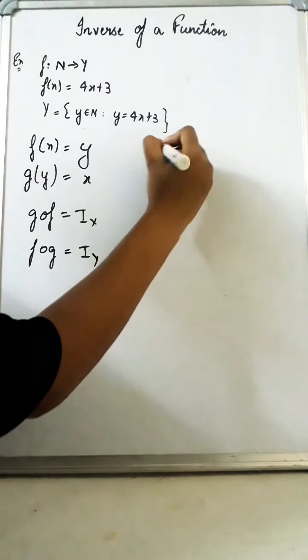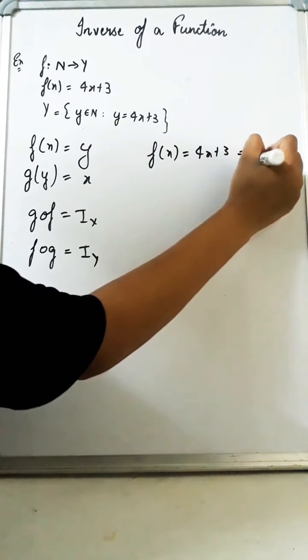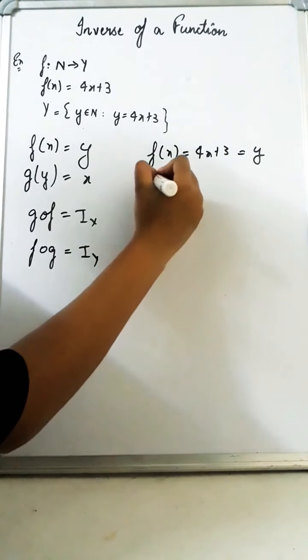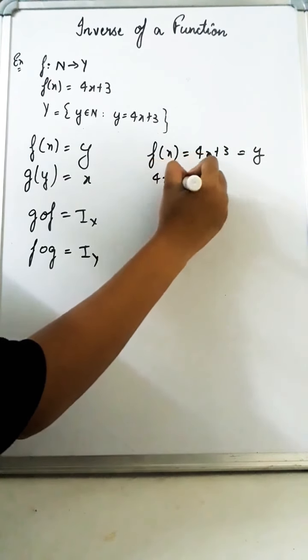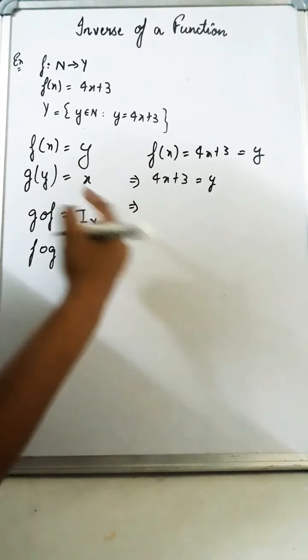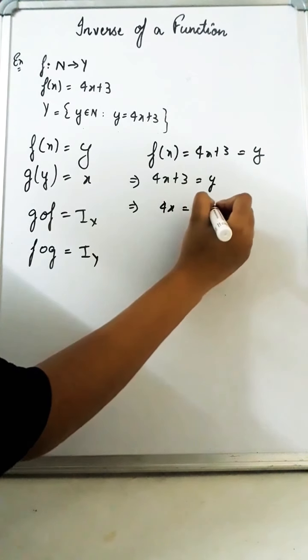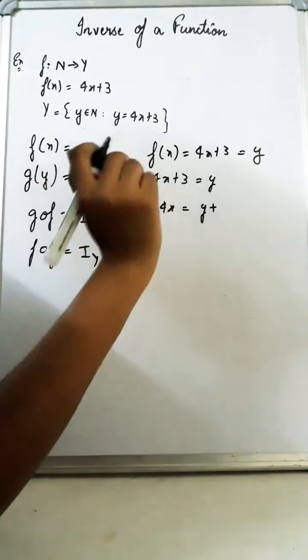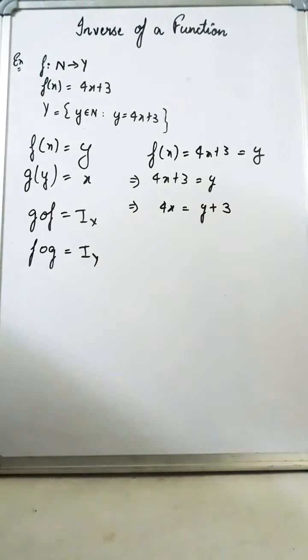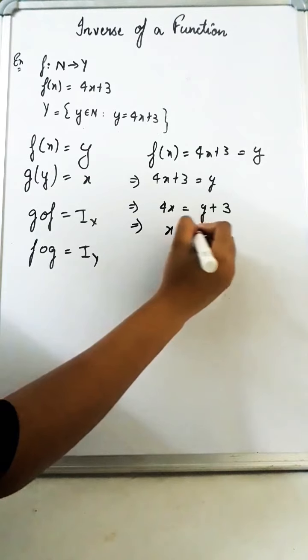See, f of x is equal to 4x plus 3 is equal to y, right? So 4x plus 3 is equal to y. Then we have to find a function in terms of y. Similarly to what you have done in the onto function, the same procedure you have to follow here. In order to prove a function is onto, what you used to do? You used to convert f of x into g of y, right? Same thing we have to do here. Now x is what?